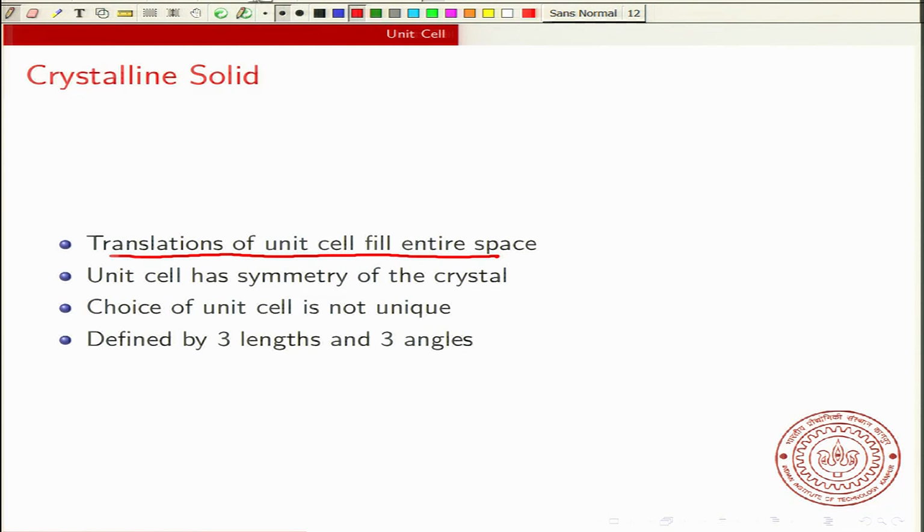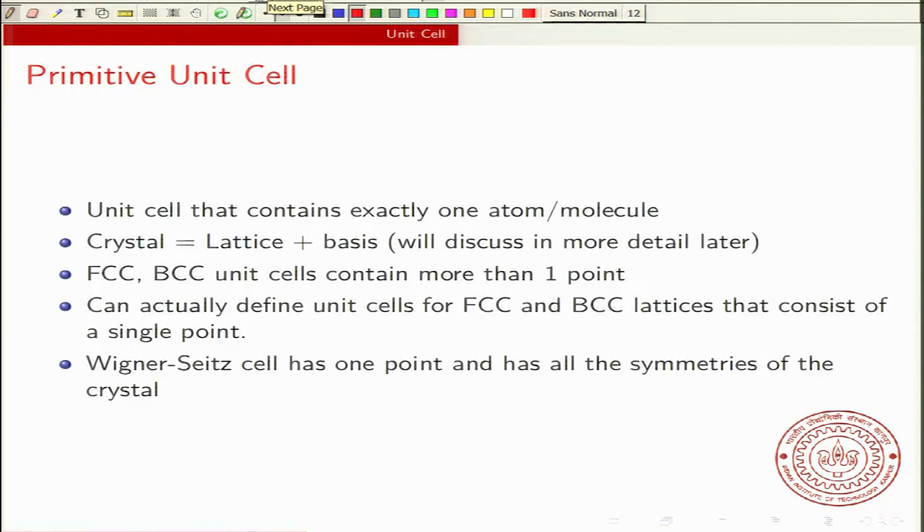Now, let us talk about what is a primitive unit cell. In order to understand a primitive unit cell, you really need to think of the repeating units as either atoms or molecules. So, a unit cell that contains exactly one atom or molecule is called a primitive unit cell.